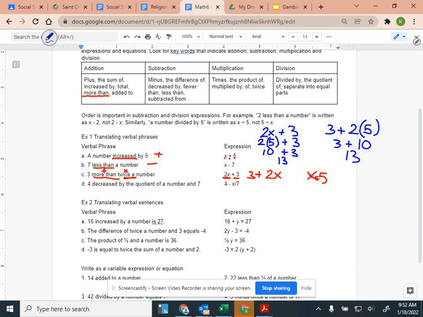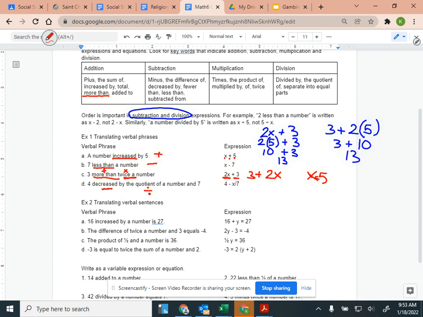Remember, it's subtraction and division that we have to worry about that order. So if you have subtraction or division in your problem, it very much matters. 4 decreased by the quotient of a number and 7. So we know decrease is subtracting. The quotient is dividing the number and 7.